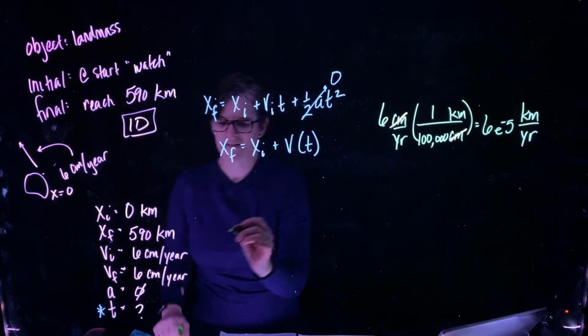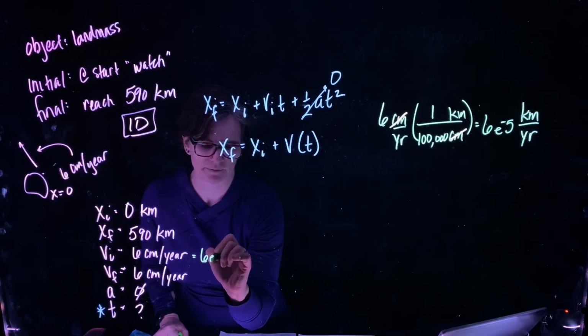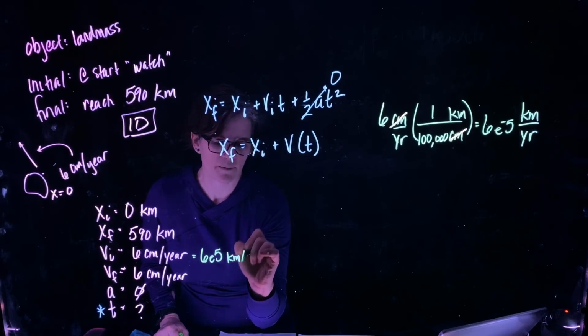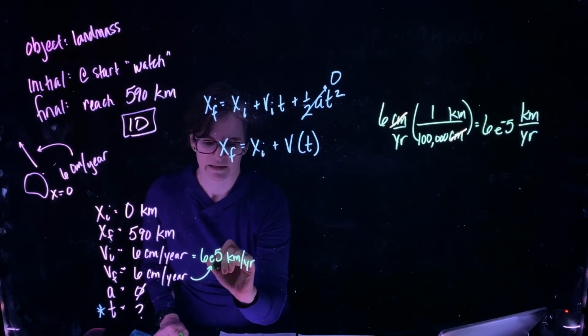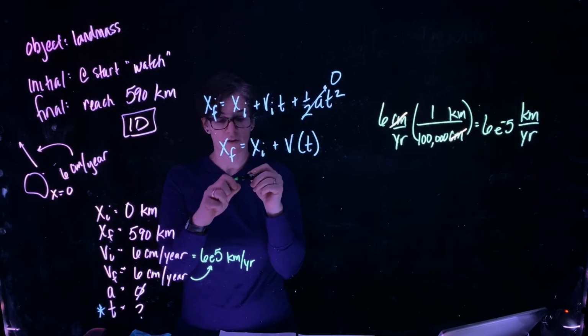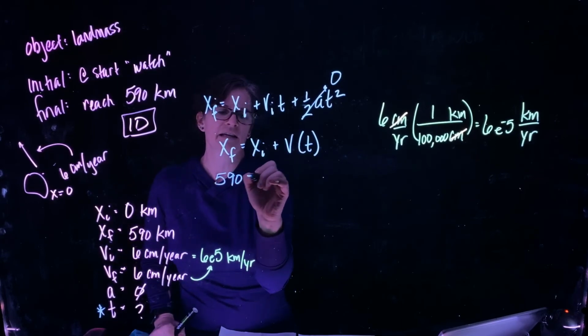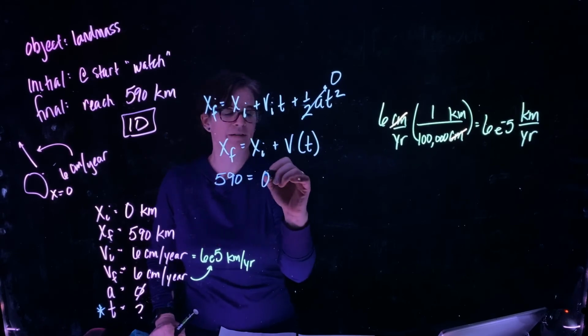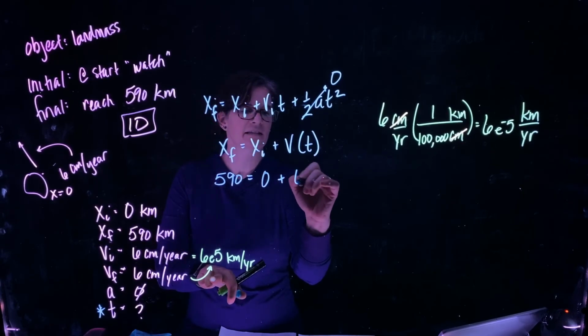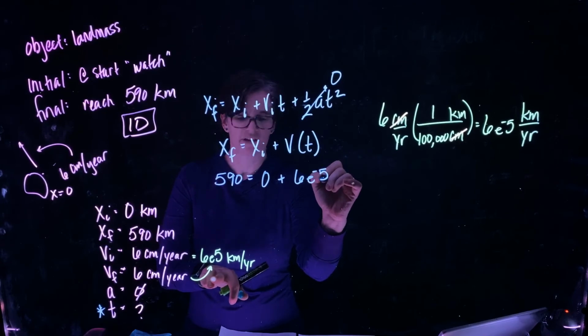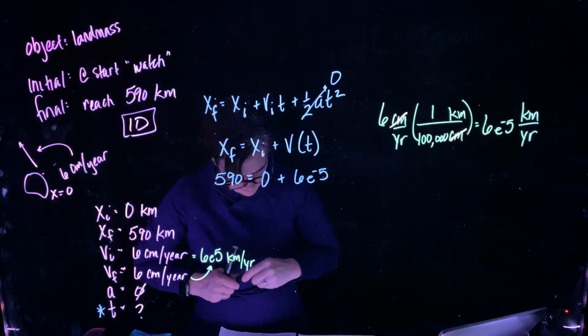So I'm going to use that in my relationship because now my units match. And now I can solve the problem. So we have 590 is equal to 0 plus 6 times 10 to the negative 5th. Sorry, I put this in wrong here.